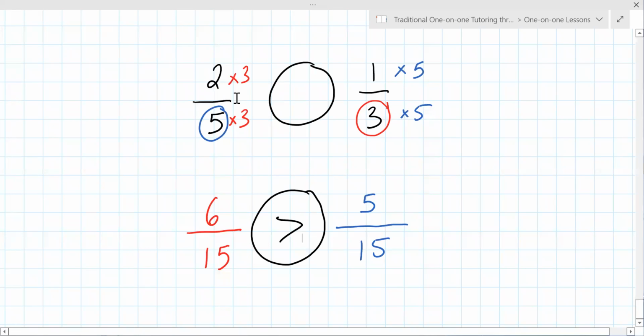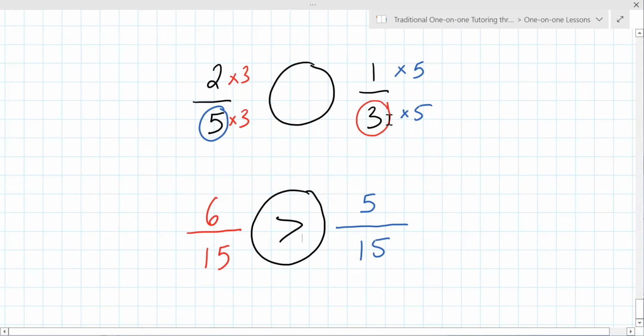Okay, so tell me, why did I multiply both the numbers on the left by 3? I'm asking you, why did I multiply these two numbers on the left by 3?